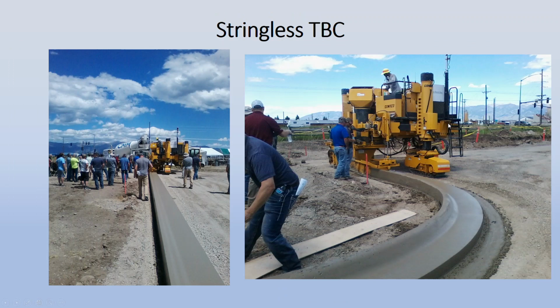It's all GPS driven. So you can see over here, there's a few control points that were established out here, and no strings. This entire curb and gutter alignment was maintained through an RTK GPS right here. The grade, so the slope, the vertical component of this curb and gutter, was maintained also by another sensor. I think it was either here or here.